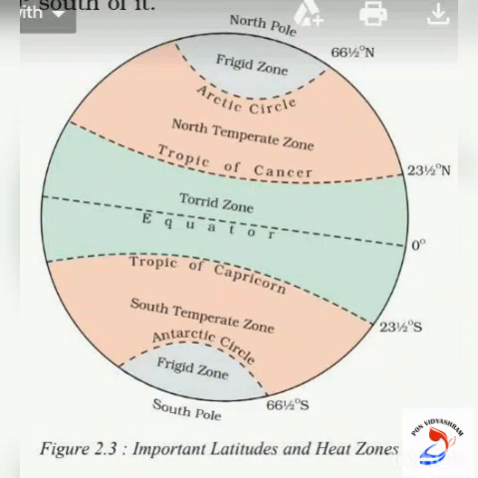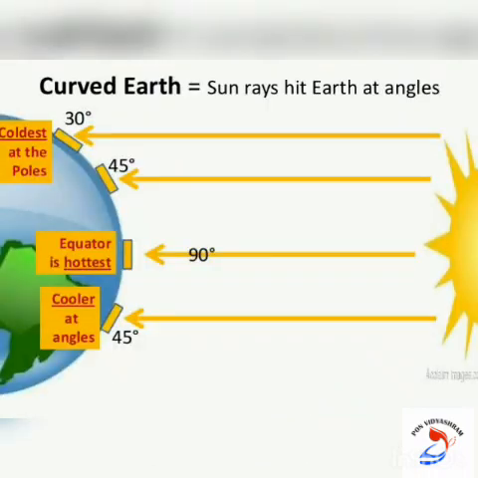Here the sunlight is falling in a slanting way, so the sun rays pass in a slanting way. Then they receive less heat, not as much as the equator receives.